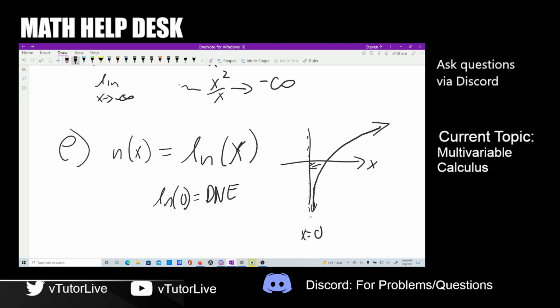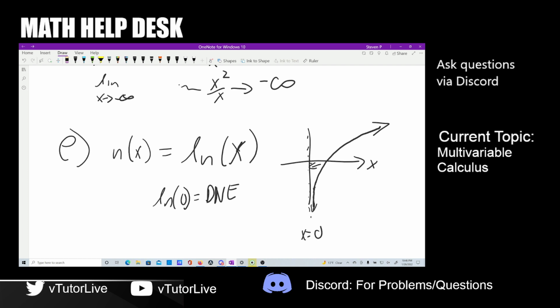But is there a horizontal asymptote for natural log? Which is kind of another way of saying, is there some limit above natural log? Is there some value of natural log that it does not go over? This basically is not so much a problem-solving question, but a do-you-know-your-natural-log-function-well question.